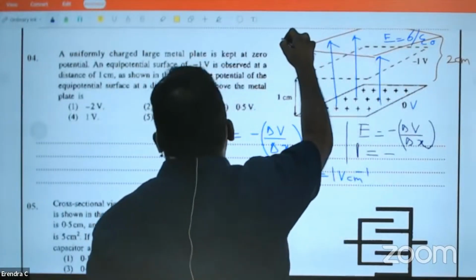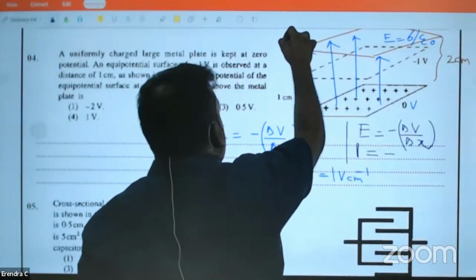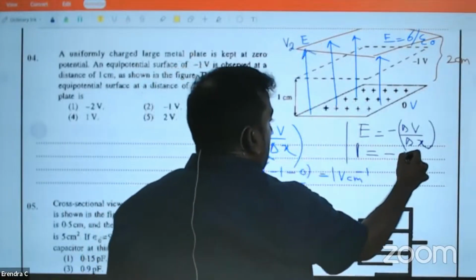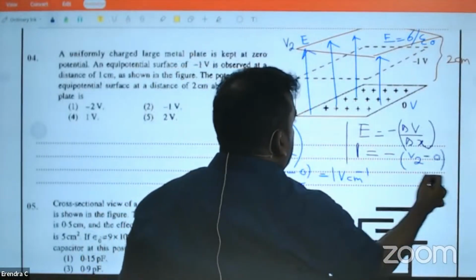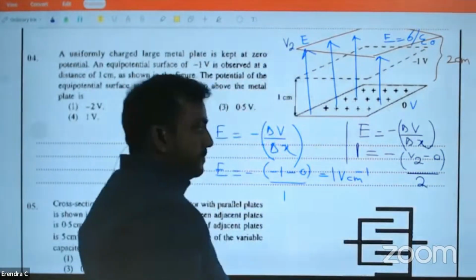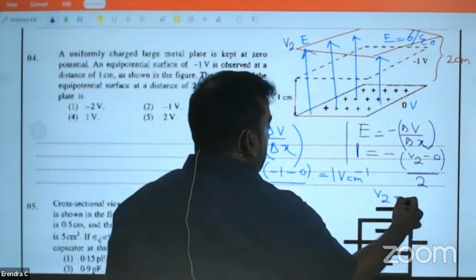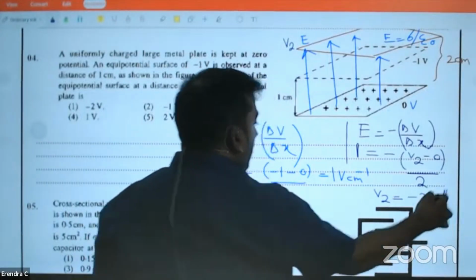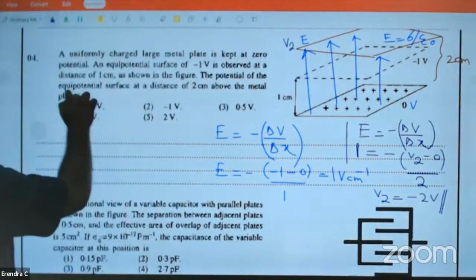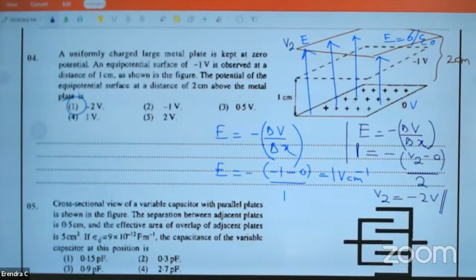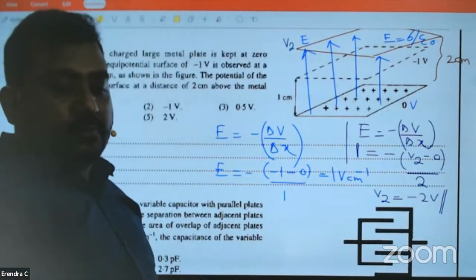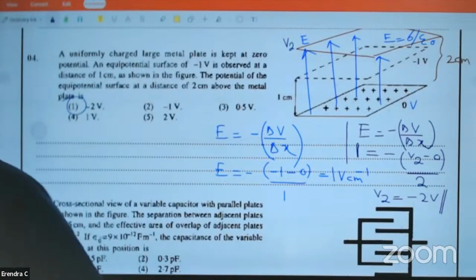Final voltage, we don't know, V2. V2 minus initial 0 divided by 2 centimeter. Cross multiply, minus comes, V2 is equal to minus 2 volt. Done. So your answer there is going to be minus 2 volt. Right? Write this down.